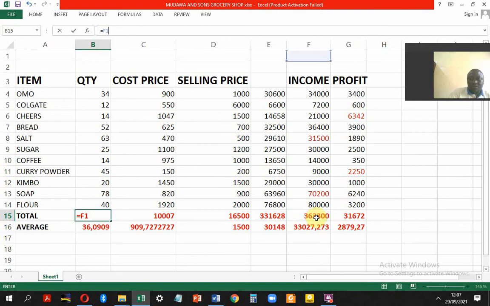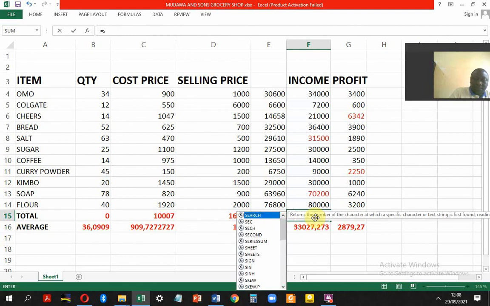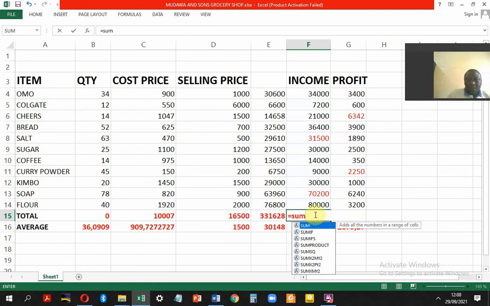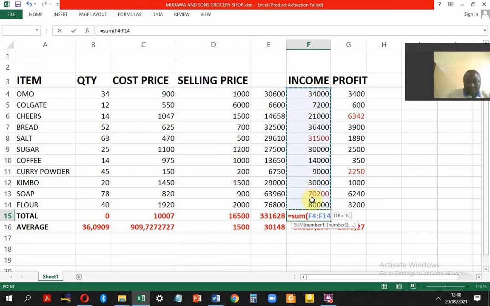So we can remove this and we say equal sign sum. Then we open the brackets and highlight from F4 to F14, and then we close the brackets and enter.